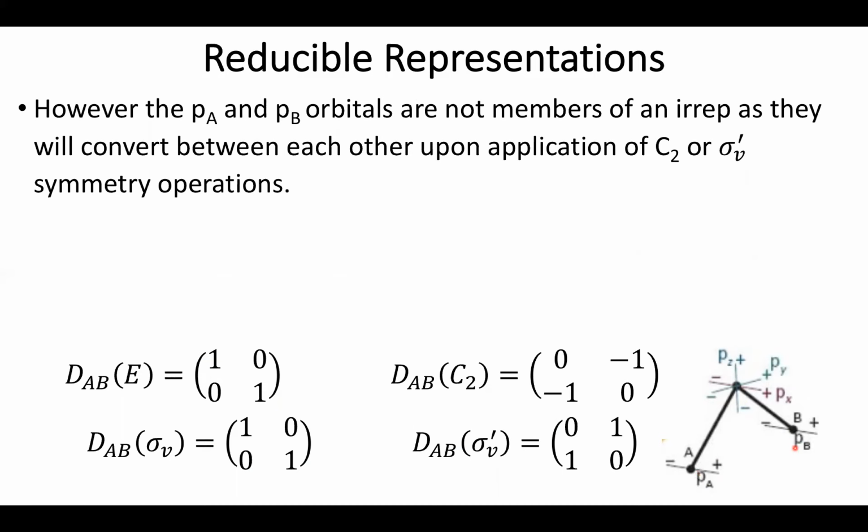And it turns out one of our first clues is the fact that they can transform into each other when I do a C2 rotation or a reflection across the sigma v axis. So if I do a C2 rotation, they flip positions and signs, and reflection across the mirror plane just has them flipping positions.